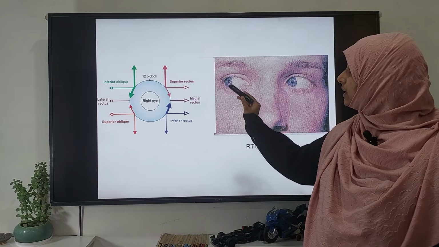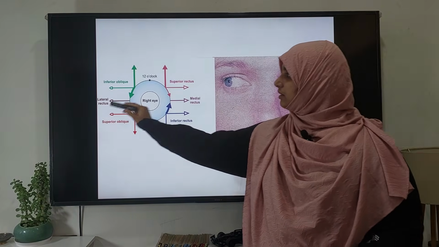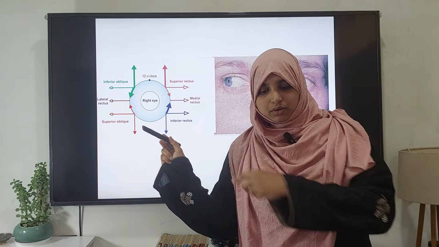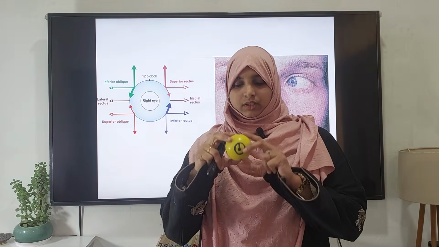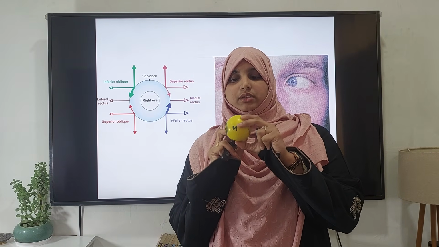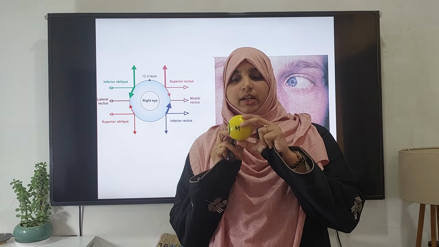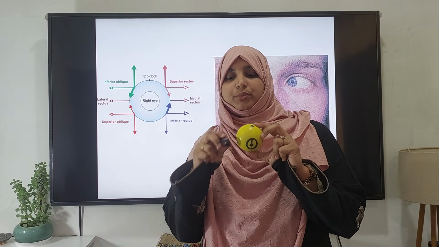Now you tell me, if the eyeball is moving towards the right side, that is towards the outwards. Yes, so here if the eyeball is moving towards the outwards, that is lateral rotation. If it is happening, which muscle should have pulled it?